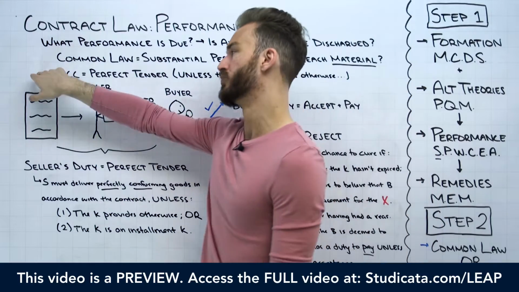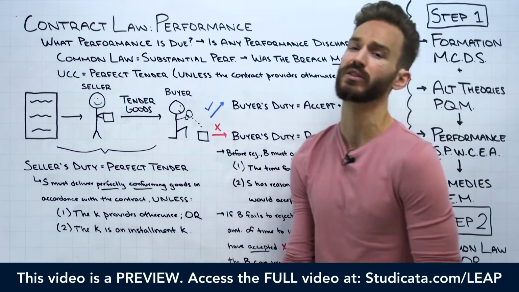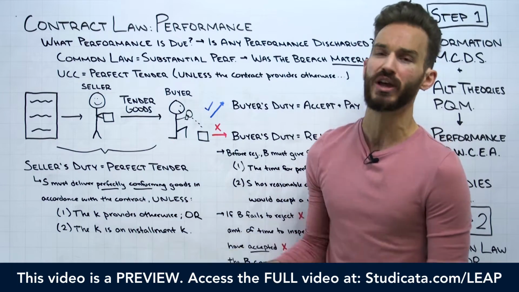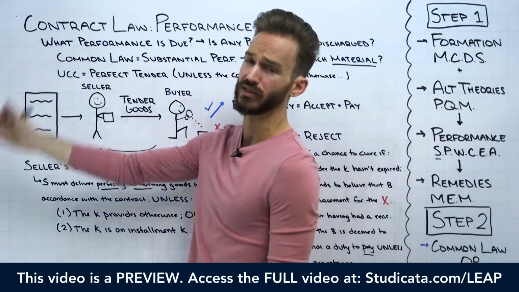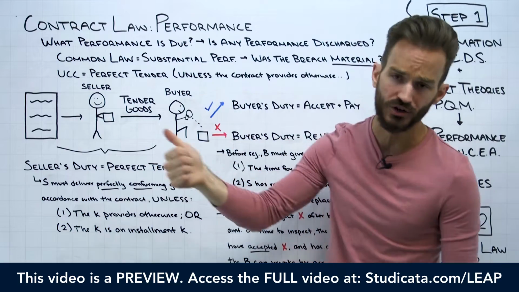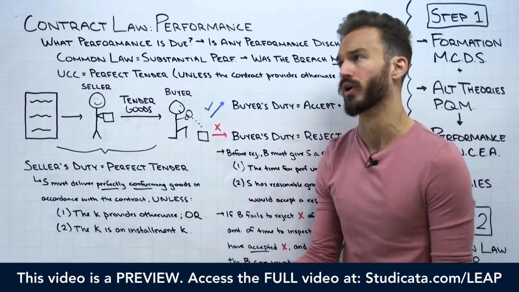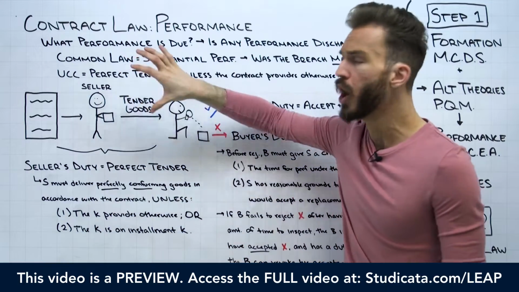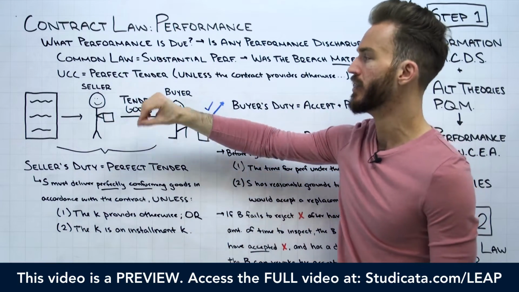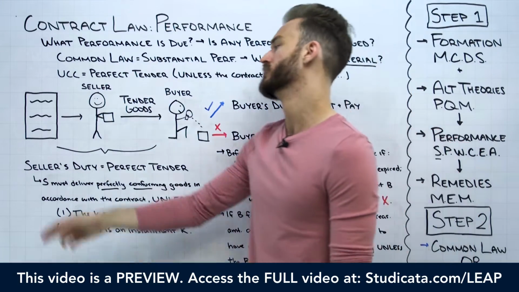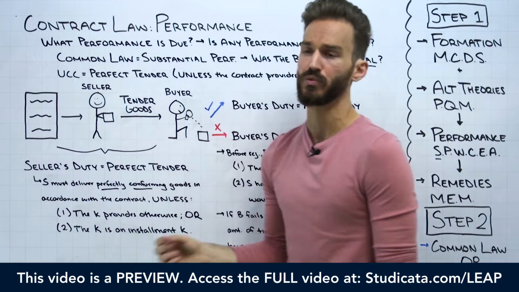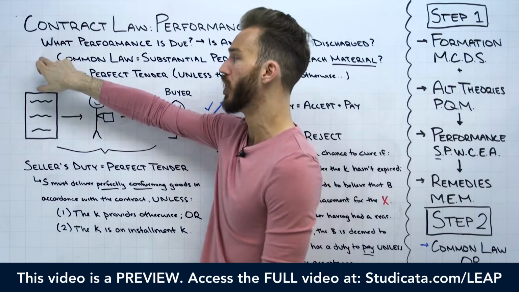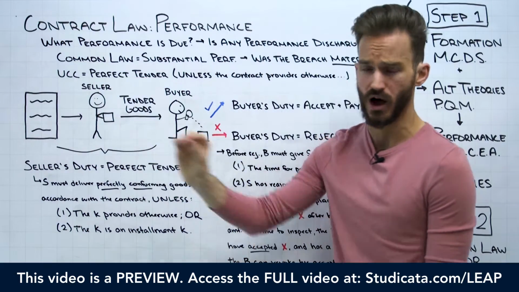The starting point rule under the UCC is that the parties to the contract can basically establish any rules regarding performance that they want, so long as it's not unconscionable, illegal, or otherwise in violation of public policy. But for the most part, within reason, the parties are going to be able to contract any terms they want. So if the parties to a goods contract want to follow common law rules of performance, they can contract that in.